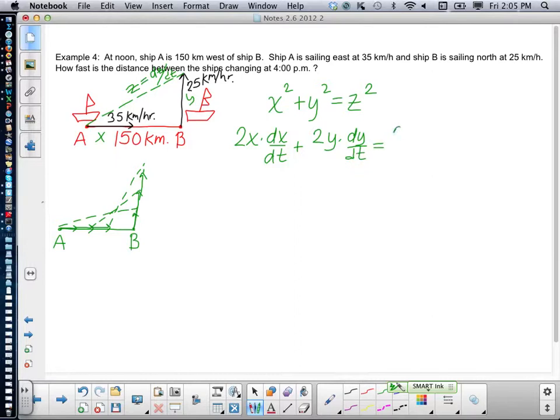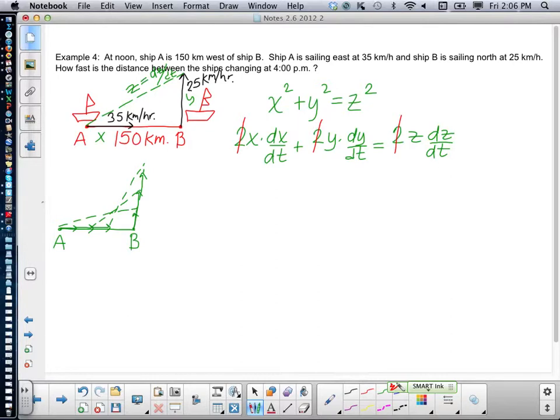And that equals 2z dz dt. Okay. Now I notice each term has a common factor of 2, so how about I just divide everything out by 2? That'll sort of be helpful. Get rid of all these 2's.